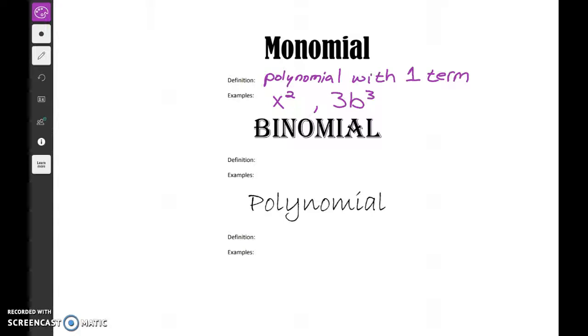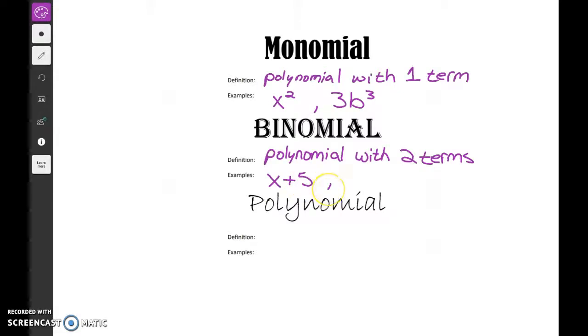A binomial is a polynomial with two terms. An example of a binomial would be x plus 5.